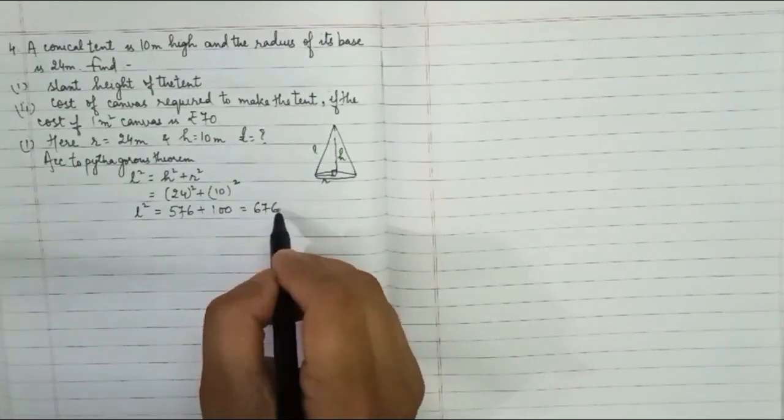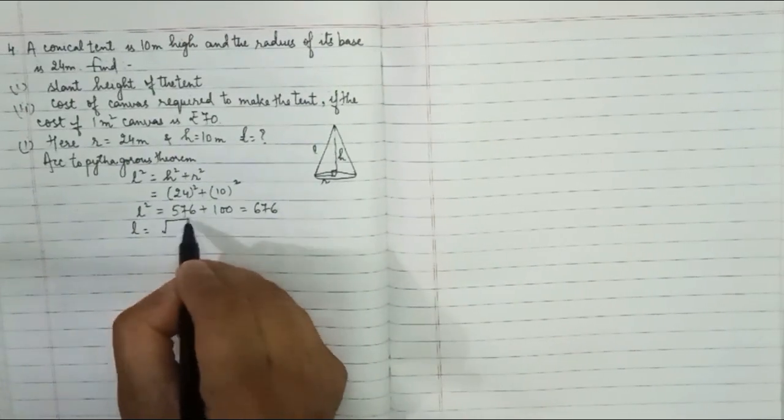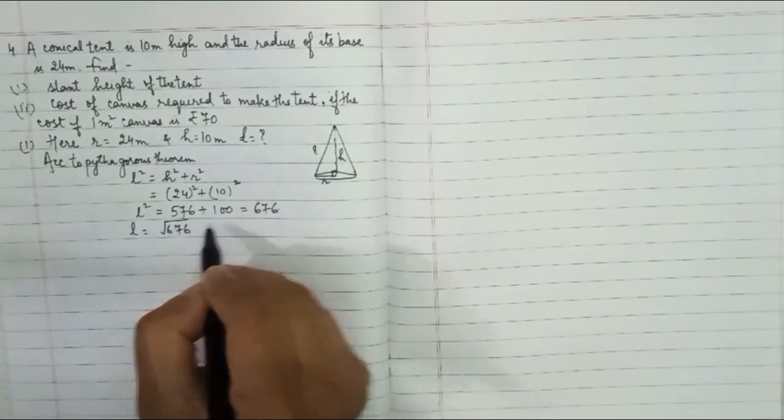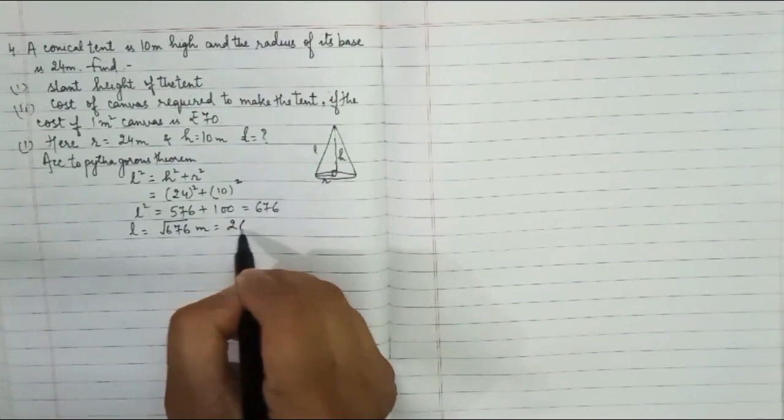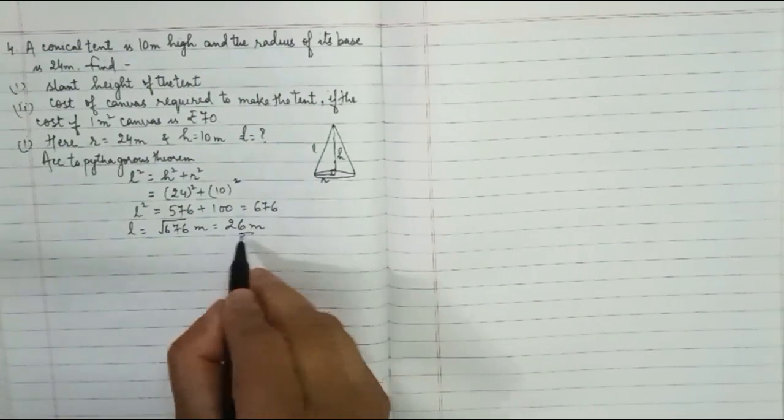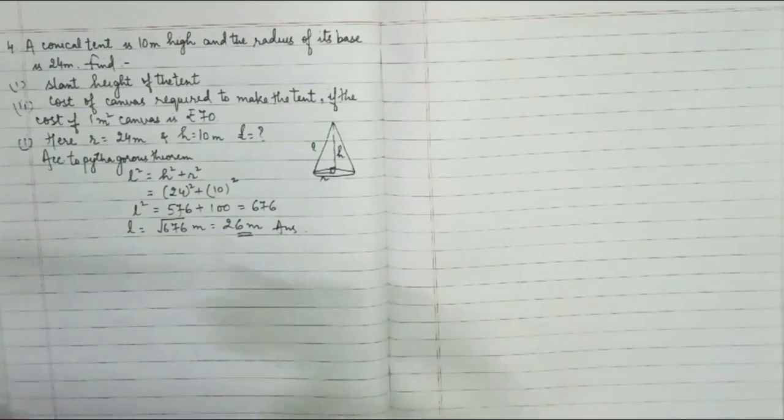L square is equal to 676. L is equal to under root 676, which is equal to 26 meter. This is the answer for the first part.